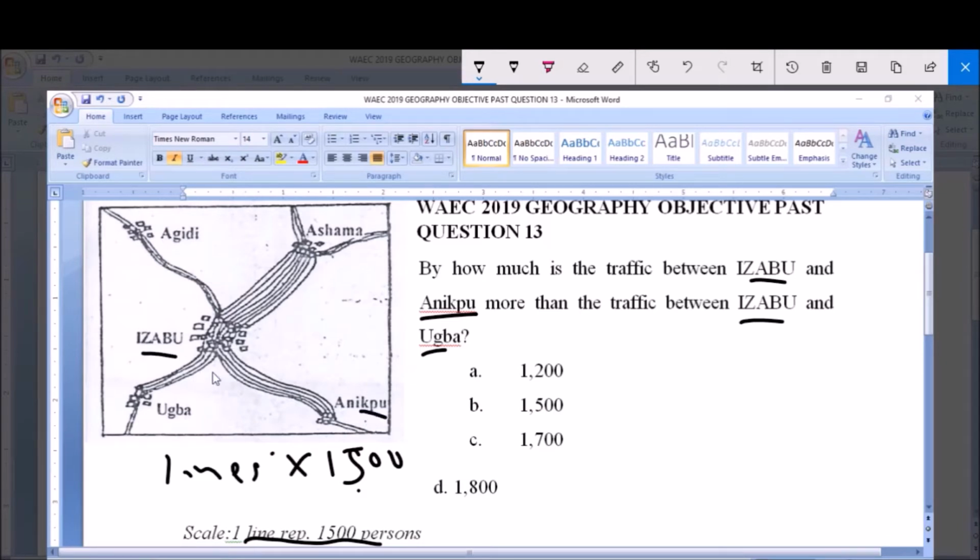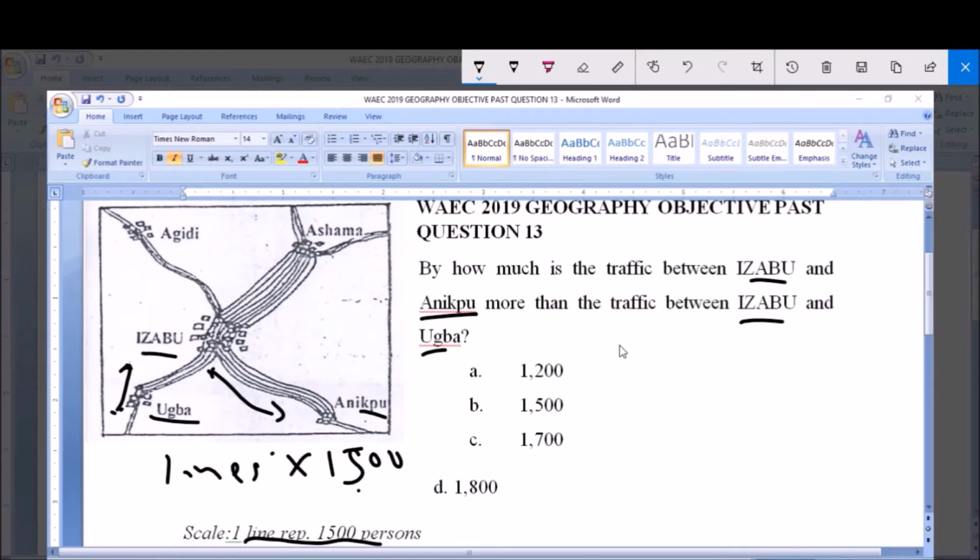So the first is from here to this point, and then the second is from this Izabu to Uba, so from here to this point. So the number of lines between Izabu and Anipu is 5 lines.